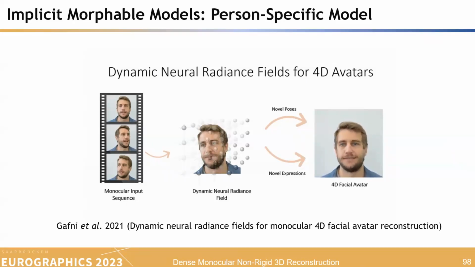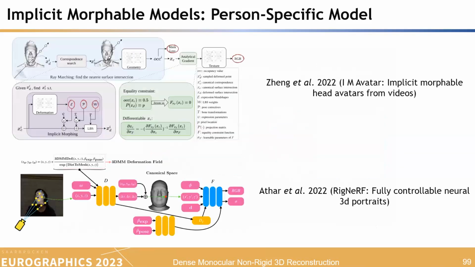In this method, they use an expression-conditioned neural network to model the deformations in a naive implicit manner. IMAvatar and RigNeRF follow a similar strategy, with one exception: they explicitly model the deformation of expressions. Because of this, they get fewer artifacts in novel video renderings.